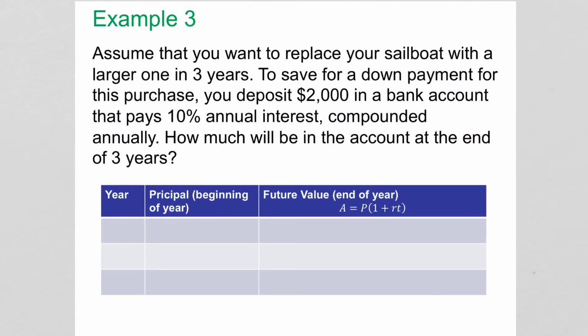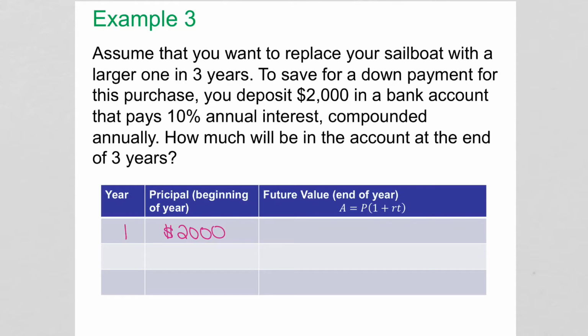Assume that you want to replace your sailboat with a larger one in 3 years. To save for a down payment for this purchase, you deposit $2,000 in a bank account that pays 10% annual interest, compounded annually. How much will be in the account at the end of 3 years? So in the first year, your initial amount will be $2,000. That's what you put in.